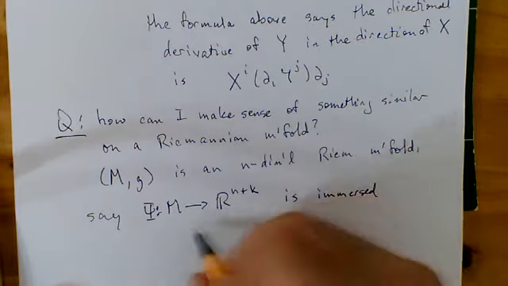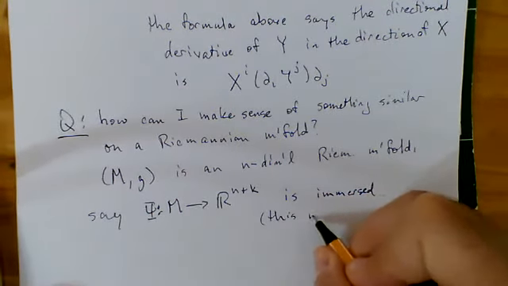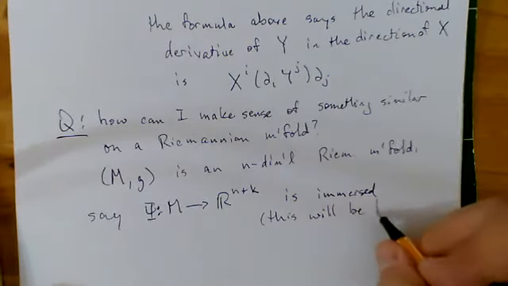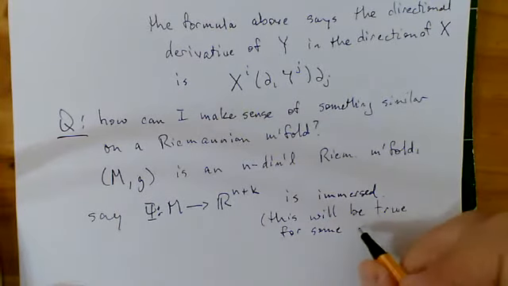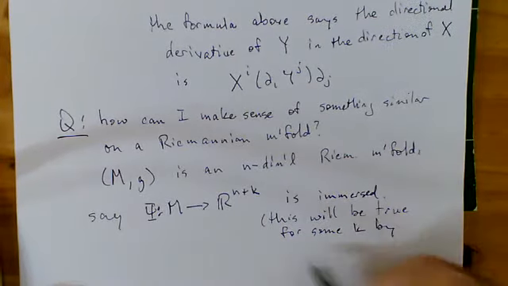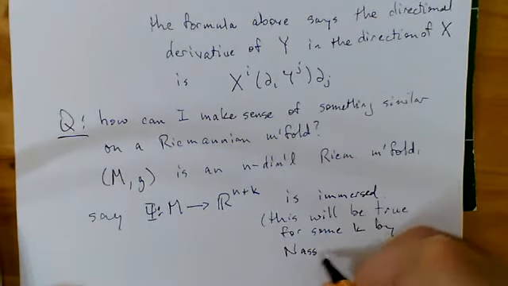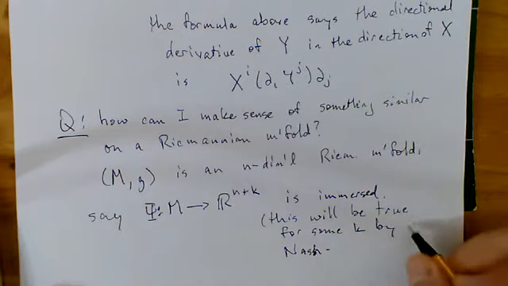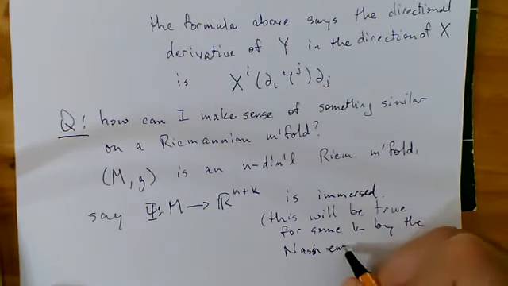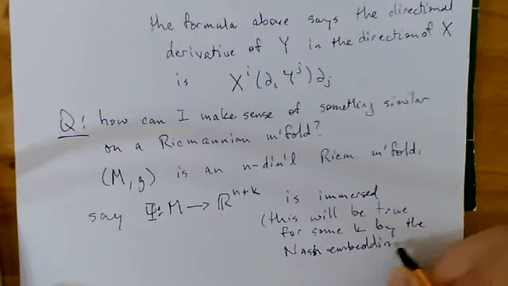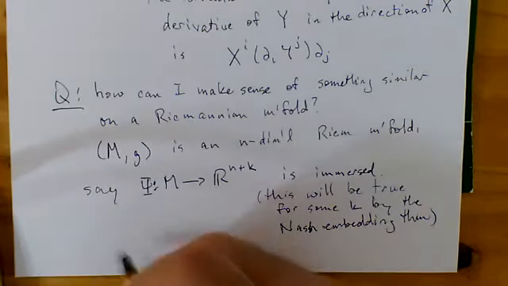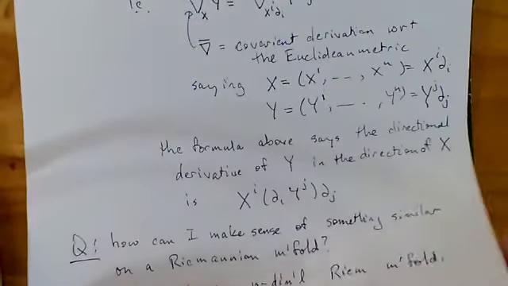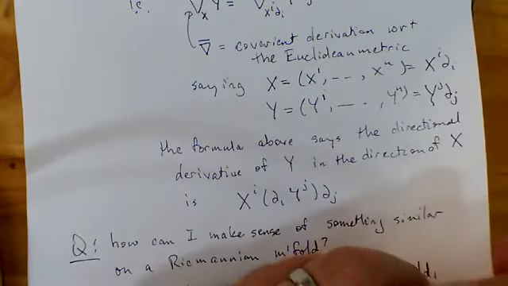It's not really a cop-out, so this will be true for some K by Nash embedding. And let's furthermore say that the metric actually comes from pulling back the flat metric.